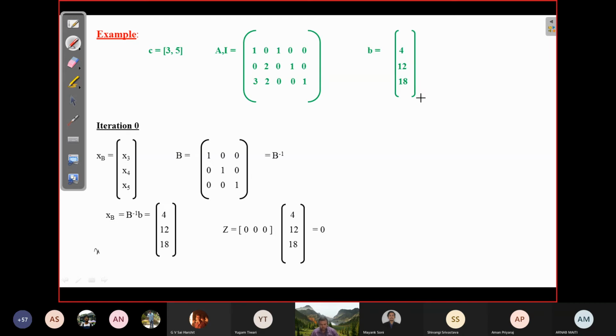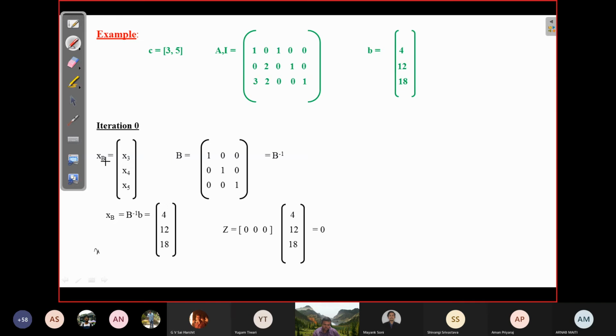Now I want to calculate the solution without doing simplex. I mean, this is simplex only, but without generating the entire table. So suppose I choose a base. Here I have chosen x3, x4, x5, which is the same as iteration 0, the first iteration.